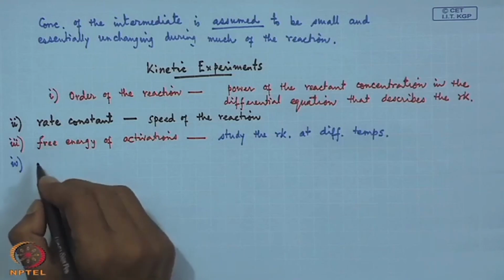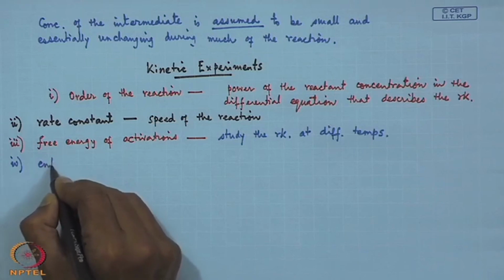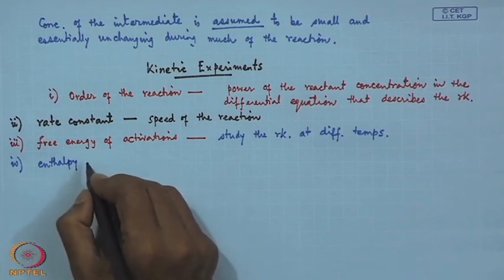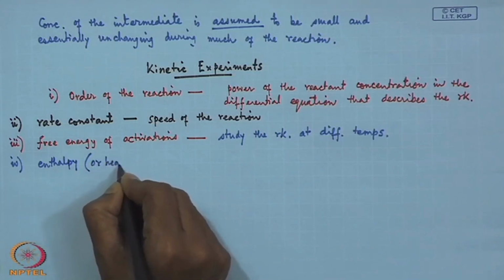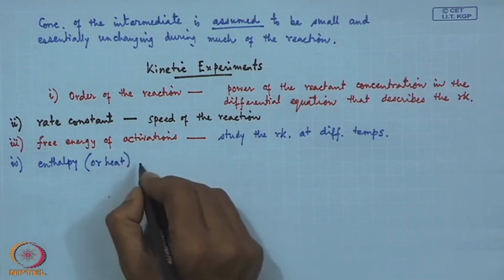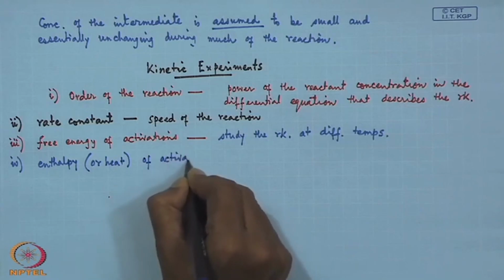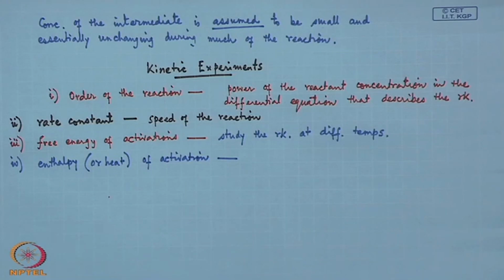So, the enthalpy or the heat term, or the delta H term, is the corresponding thing that we can find out. So, the enthalpy or heat of activation we can also determine from this study.